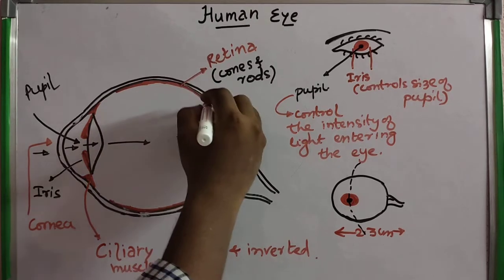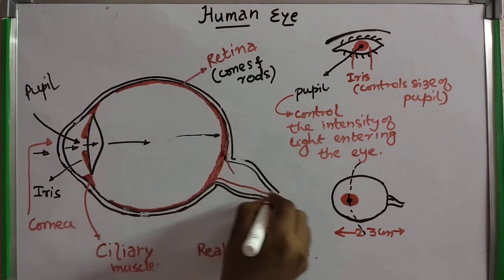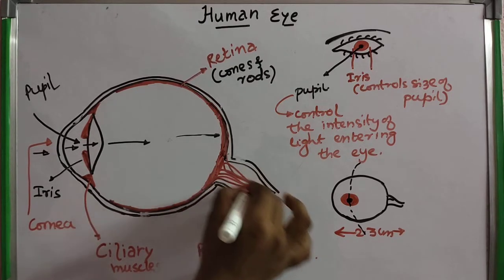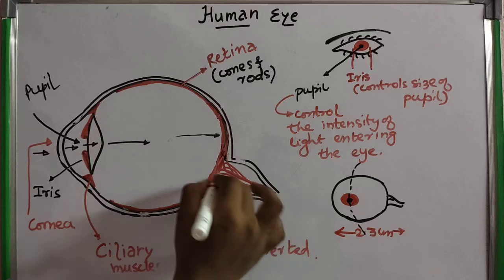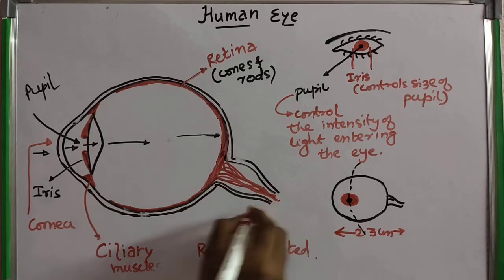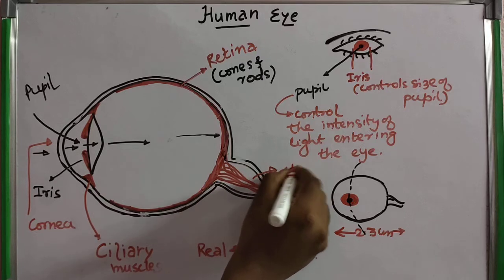The retina is connected with many nerves. So on illumination, the light sensitive cells get activated and they generate electric signals. Those electric signals are sent to the brain using the optical nerve.